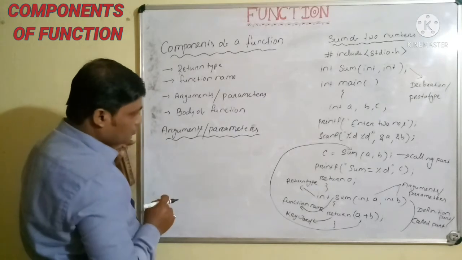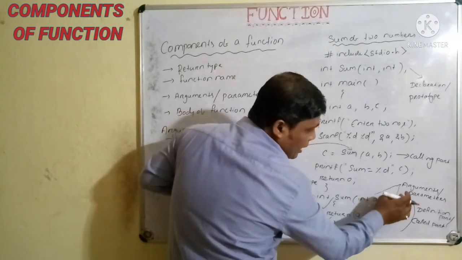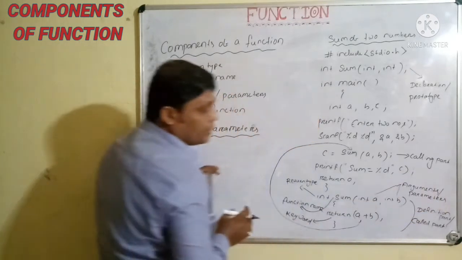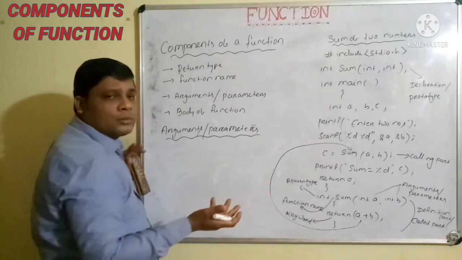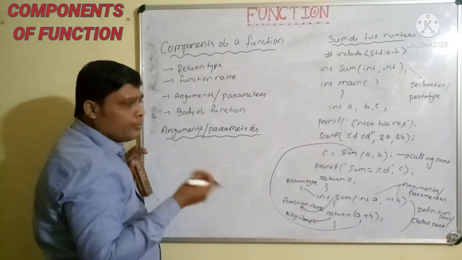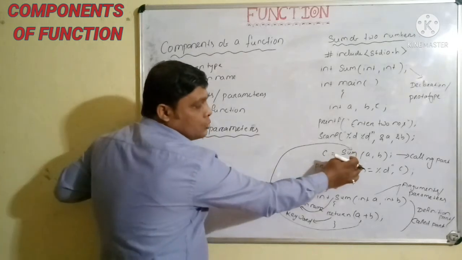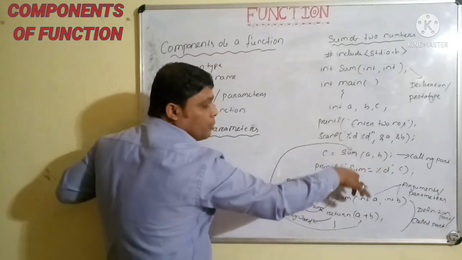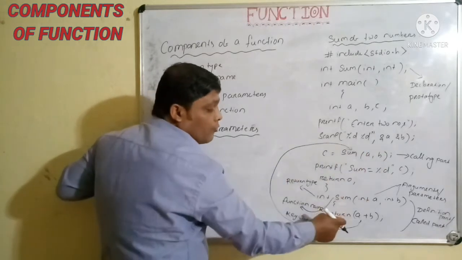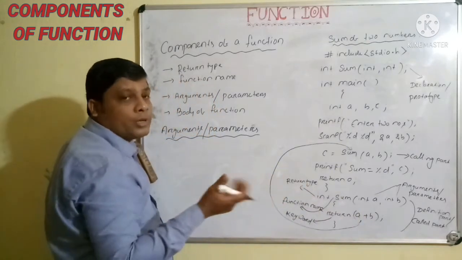Now see, I have told A and B are the arguments or parameters in a function. What is an argument? It is nothing but the values passed to a function, on which the function performs certain or specific operations.